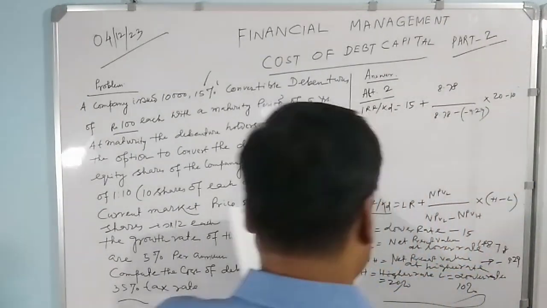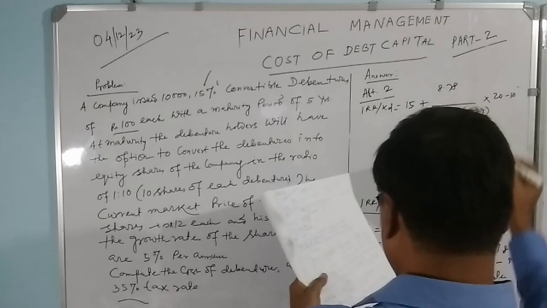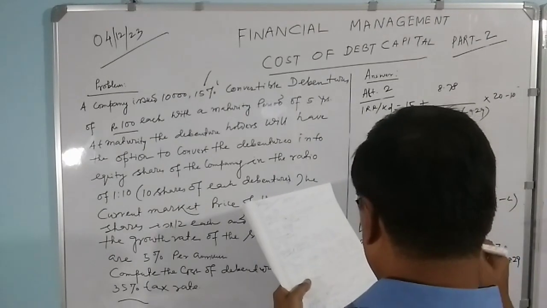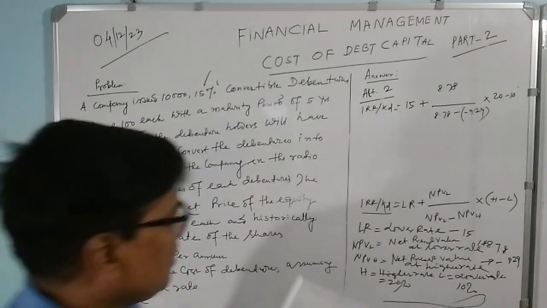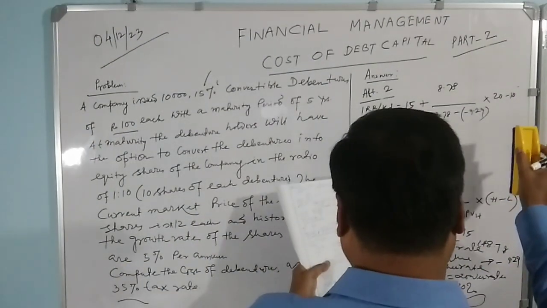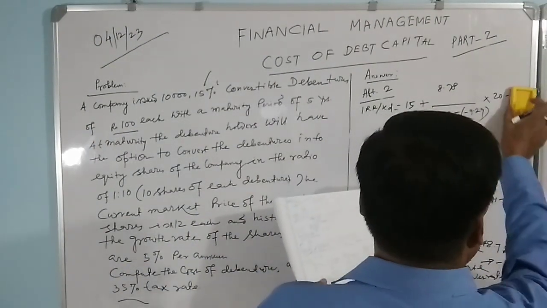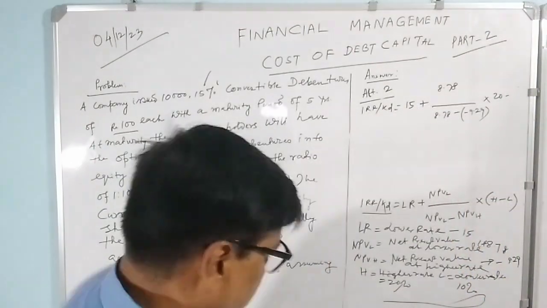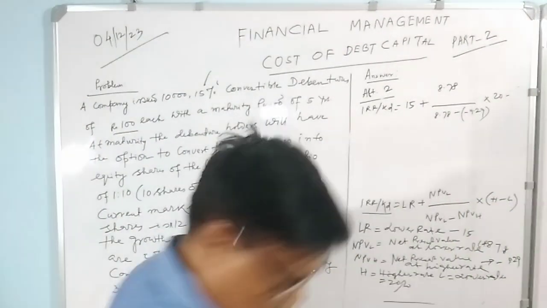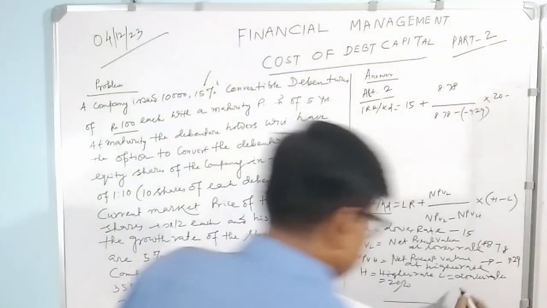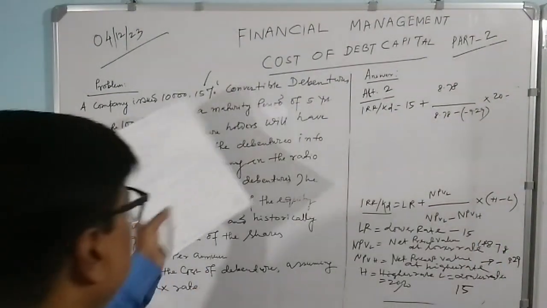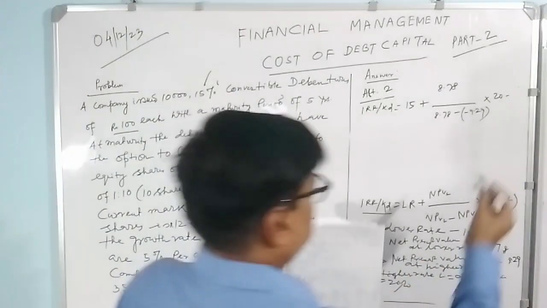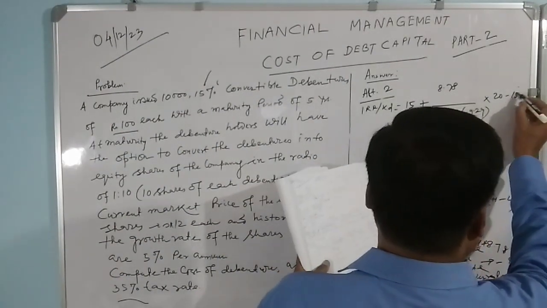So this is the case, 20% minus, not 10%, this should actually be the lower rate of 15%. So with the base rate, we take the higher rate into consideration as 20, so 20 minus 15.